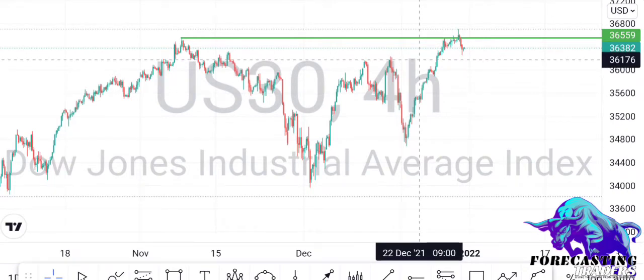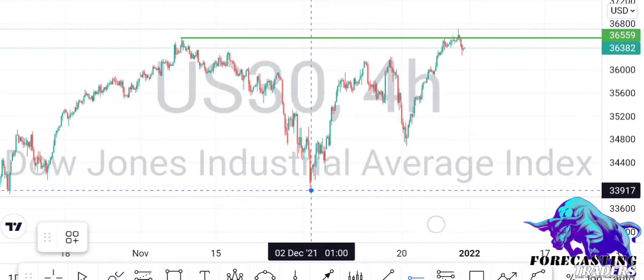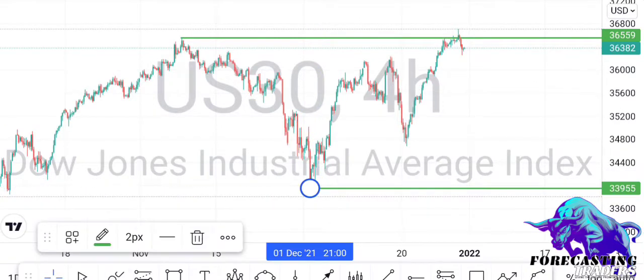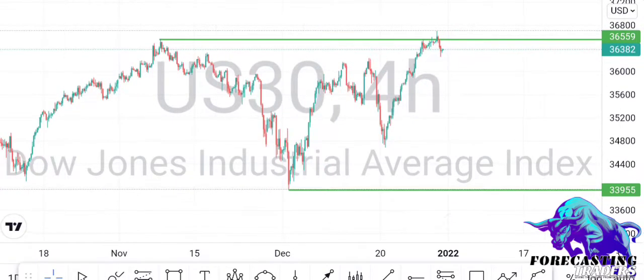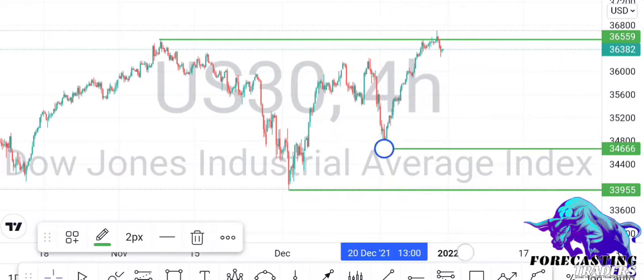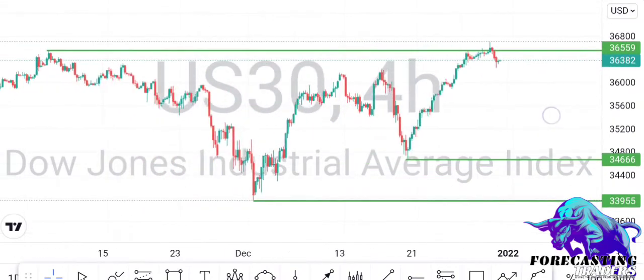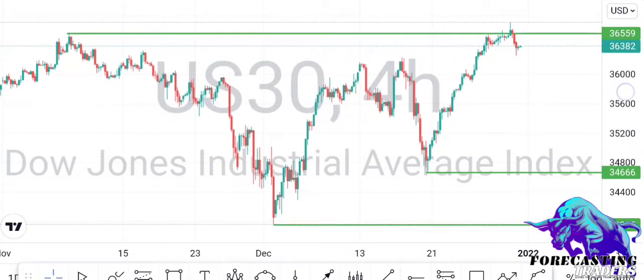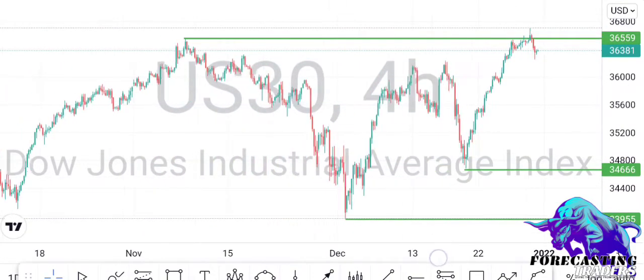So what I do is use the previous higher high, and then let's use this one as our higher low, and we can also use this one as our higher low. So we are having something like this on US30.